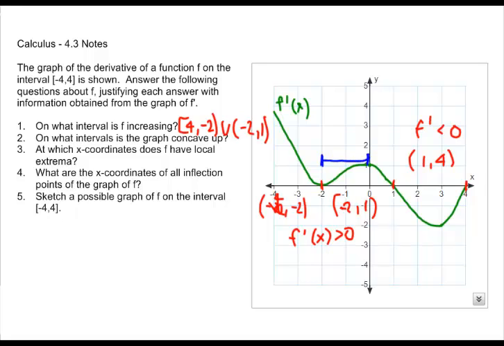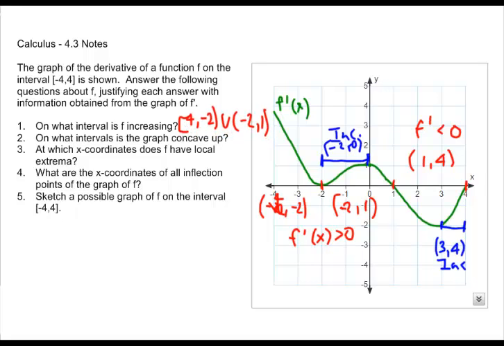From -2 to 0. -2 to 0, we're increasing. And from this point right over here, which looks like it's 3, from 3 to 4, the derivative is increasing. And so that's where we're going to find our concave up parts.